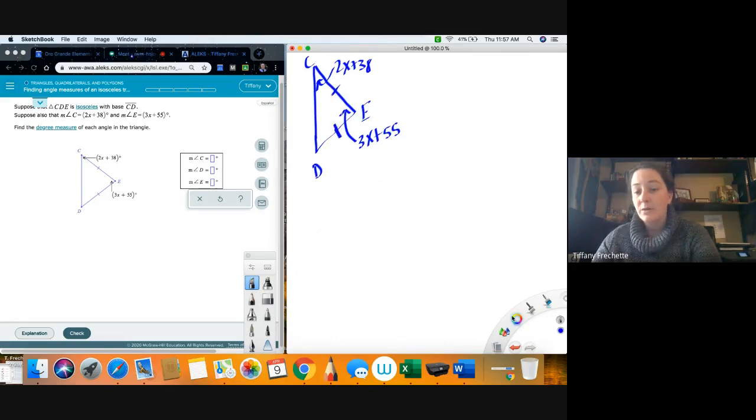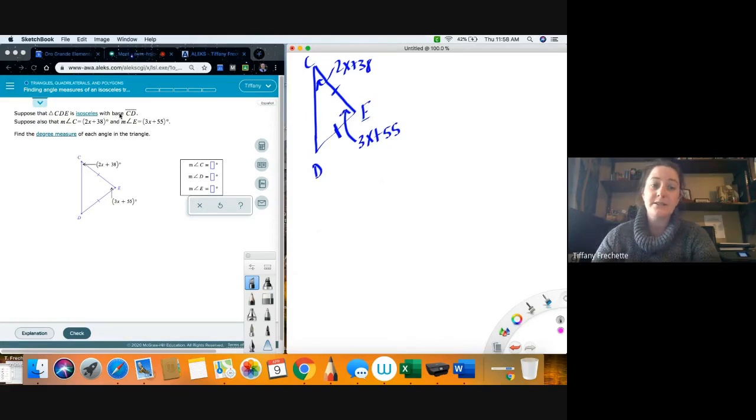So what we know from an isosceles triangle, if we have two congruent sides, and they're telling us, suppose that it's an isosceles triangle with this as the base, we know that the angles opposite the sides that are congruent have to be equal. So if this side is 2x plus 38, then this angle is also 2x plus 38.